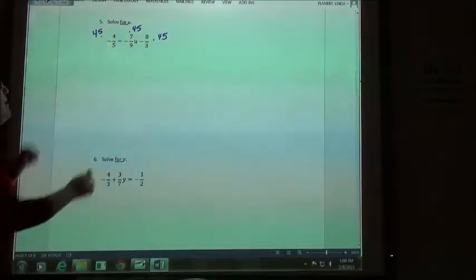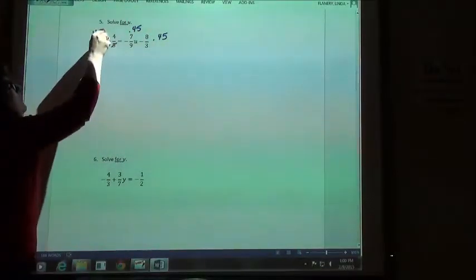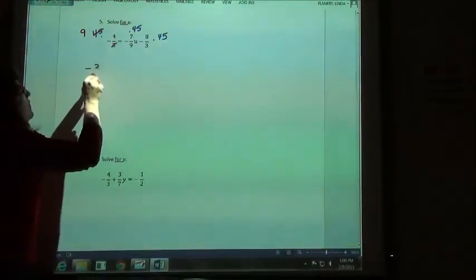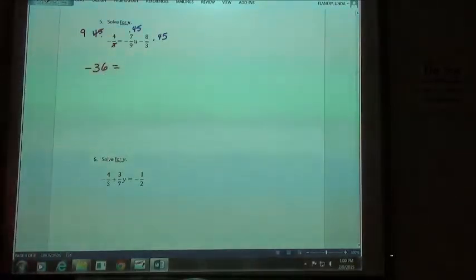So 5, going to cancel that out. It goes into 45 9 times, right? 9 times that minus 4 that was on top of that fraction would give me negative 36.